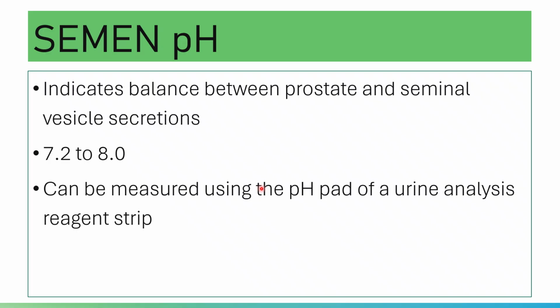The semen pH can be measured using pH paper, pH meters, and you can also utilize the pH pad of your urine analysis reagent strip.